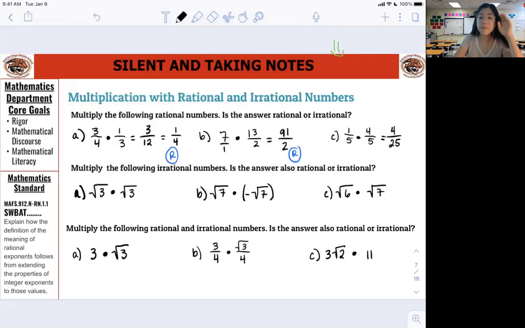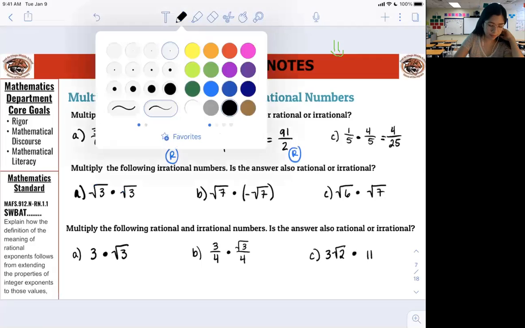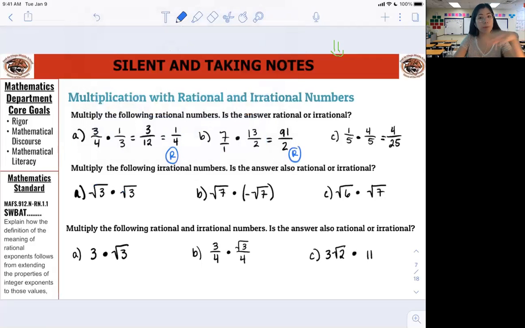I was going to say the denominator stays the same. Oh, no, we multiply it, because remember, multiply the top and the bottom together. So this is rational. So rational numbers are closed under multiplication as well, because a rational number times a rational number gives me a rational number.